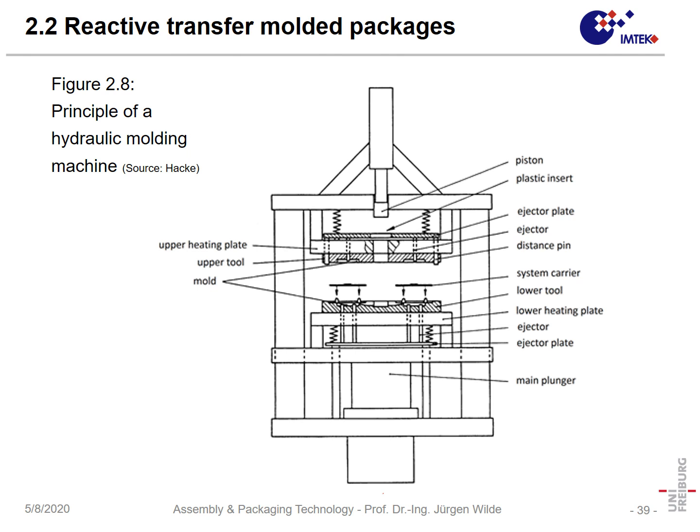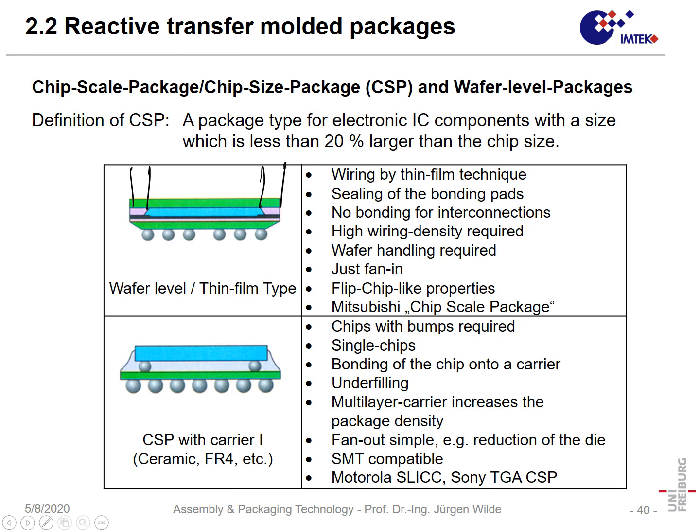Okay, in that way the devices are produced, and let's say such small outline packages were just the first step. But here we would like to have a look at more complex devices.